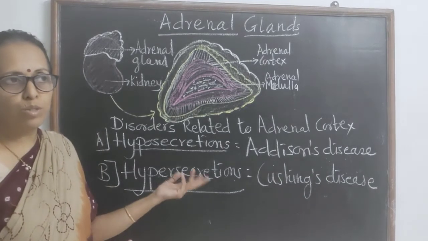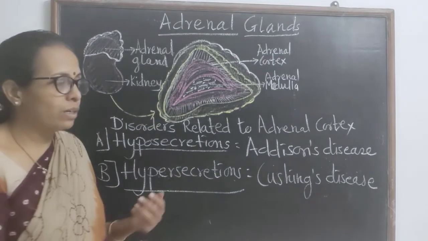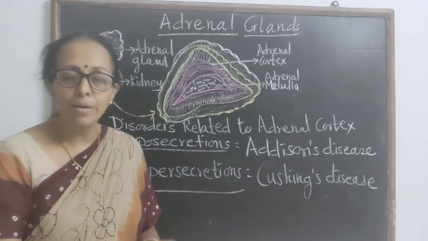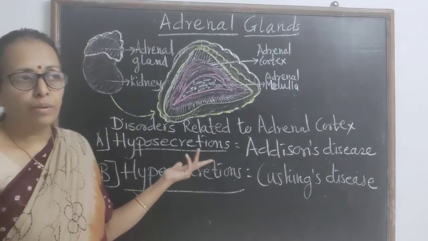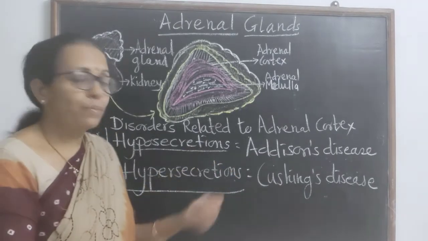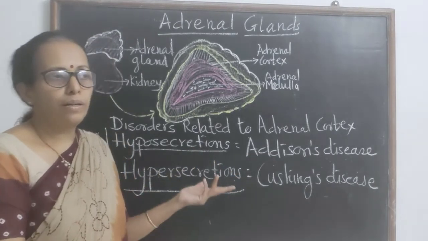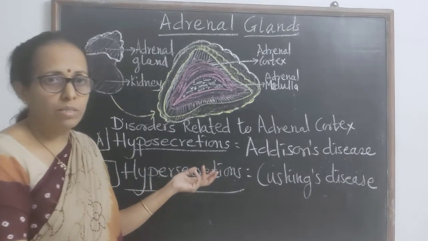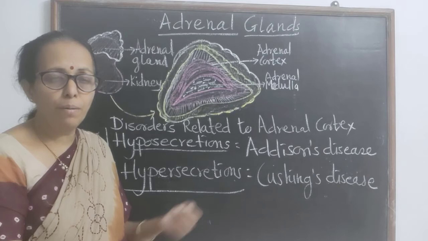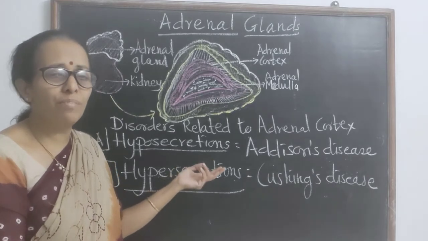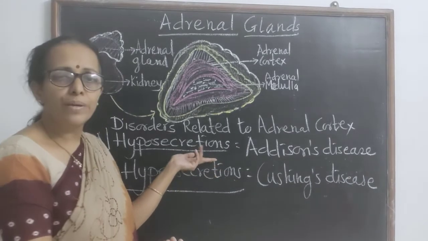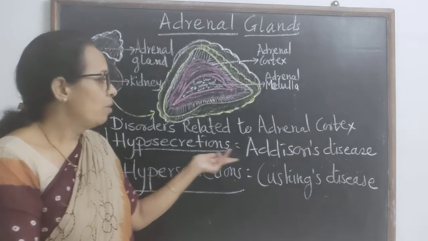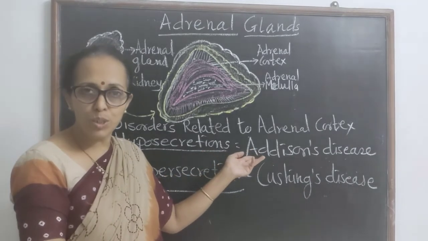It even leads to other symptoms like nausea, and weight loss is also observed. They even show atrophy of muscles, that is, disorders related to muscular pains. Total muscular weakness is observed in such persons. We call it Addison's disease.